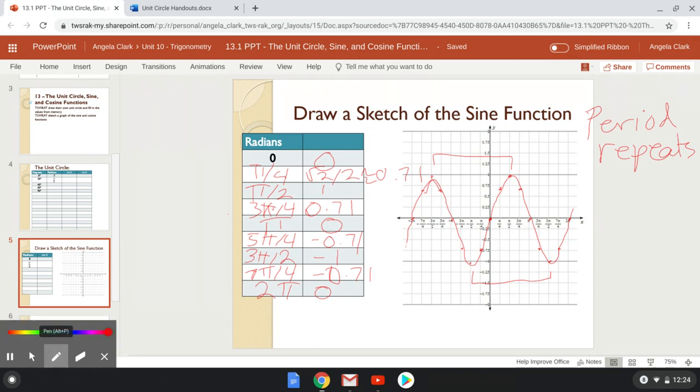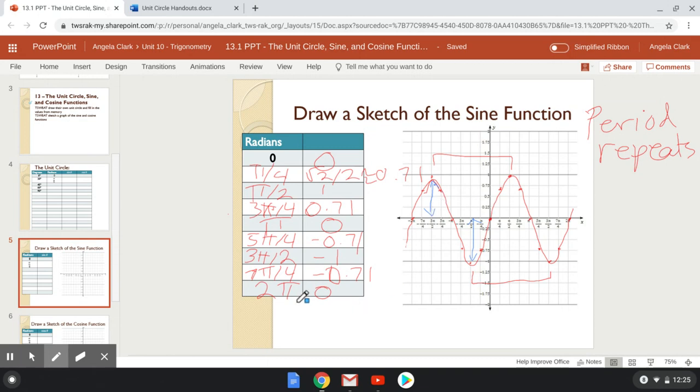I'll use a different color so that I'm not confusing things. It is the distance from the midline to the maximum, or the midline to the minimum, which is the same distance. You can also think of it as half the distance from here to here, right? Because if I cut this distance in half, I'd get this distance and that distance.